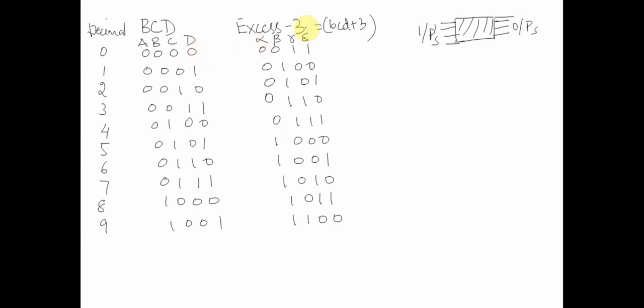If you see, we have already drawn a truth table where A, B, C, D are the inputs, and alpha, beta, gamma and delta are the outputs. All these four outputs will depend upon all the inputs. So if I start drawing K maps for circuit minimization, let's draw a K map for alpha.